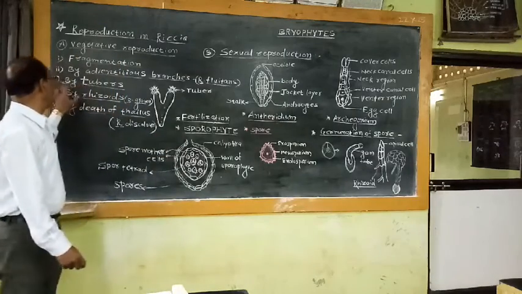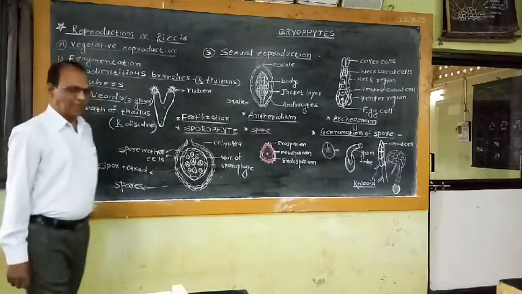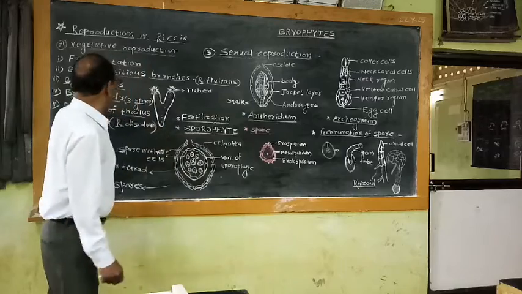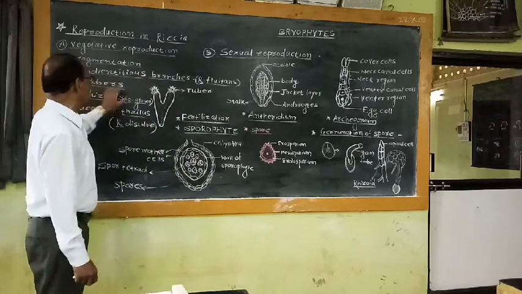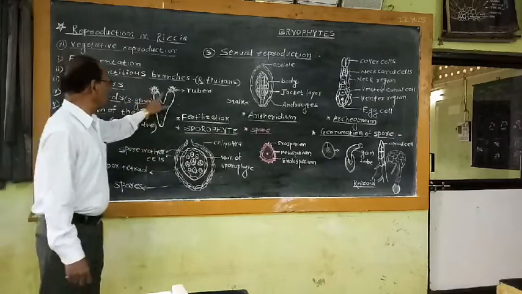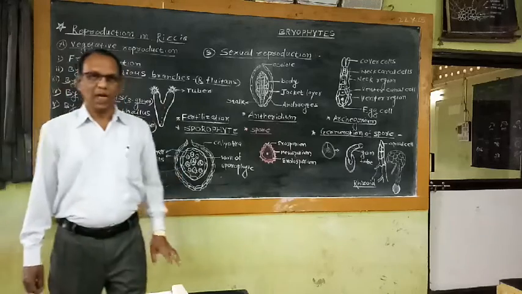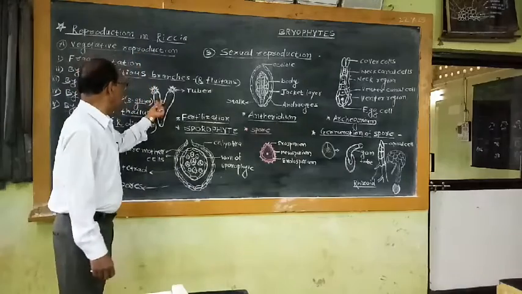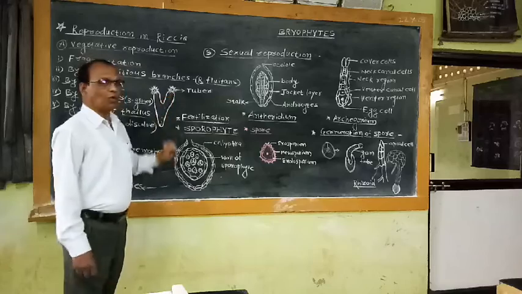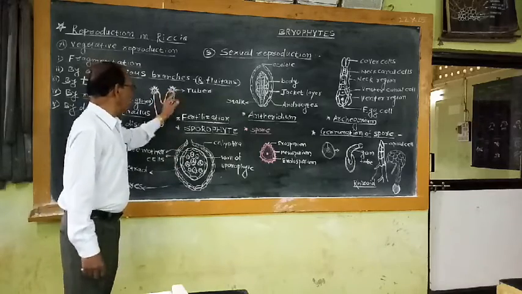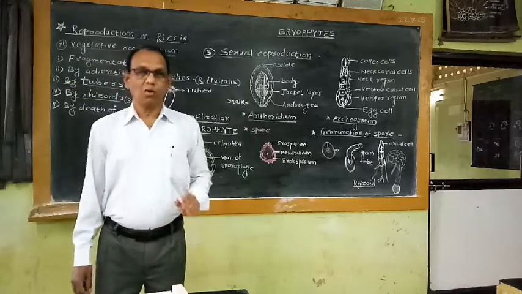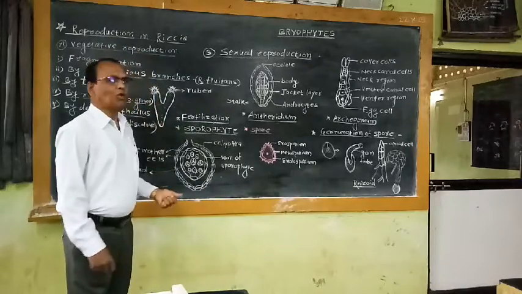Then the next method is by development of tubers. Development of tubers takes place at the apical regions of the thallus. So this is the dichotomous region. This is one lobe, this is another lobe. At one lobe, one tuber is developed, and at the other lobe, another tuber is developed.